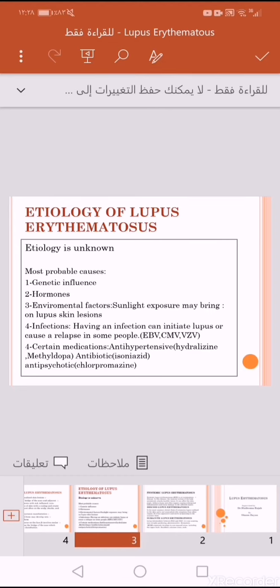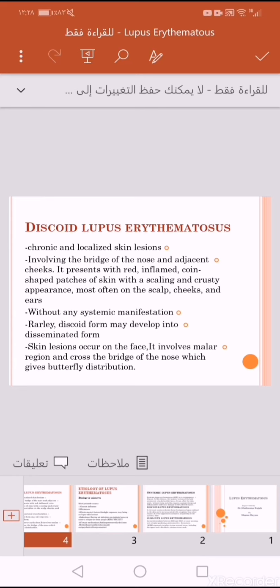Certain medications, some drugs can also predispose the patient to develop this autoimmune disease, such as antihypertensives like hydralazine and methyldopa, antibiotics, and antipsychotics like chlorpromazine, and anti-seizure medications. These are probably the most common factors that may cause lupus erythematosus.